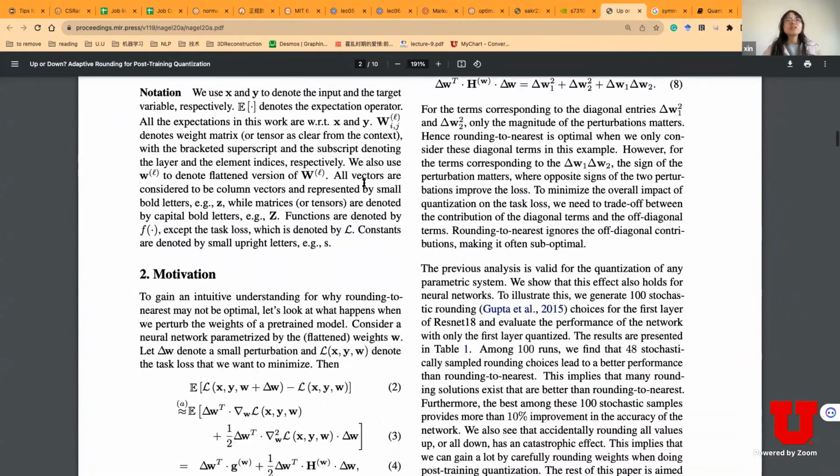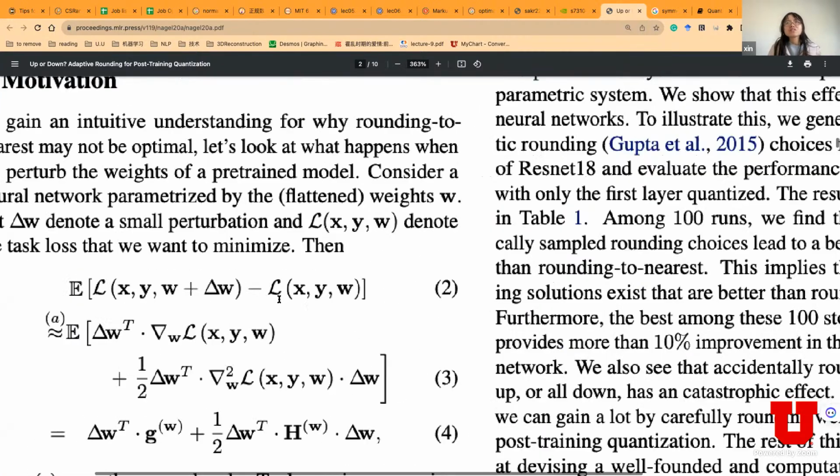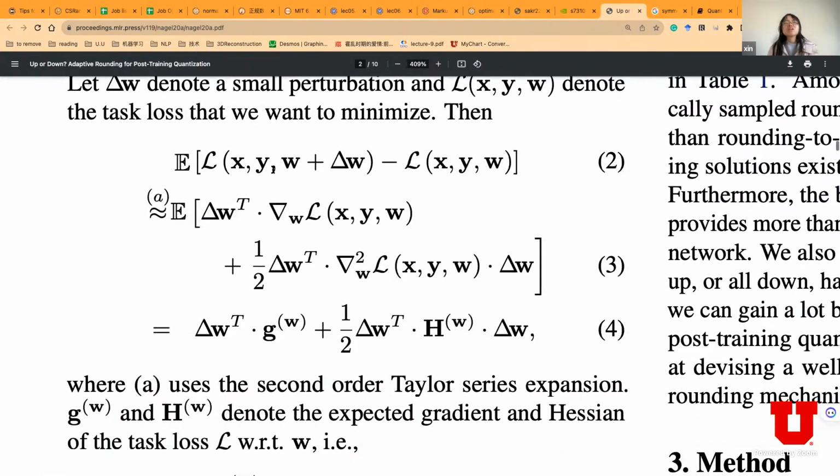Firstly, the motivation is that it tries to estimate the error after the quantization. W is the original weight, and delta W is the error between the quantized weight and the original weight.